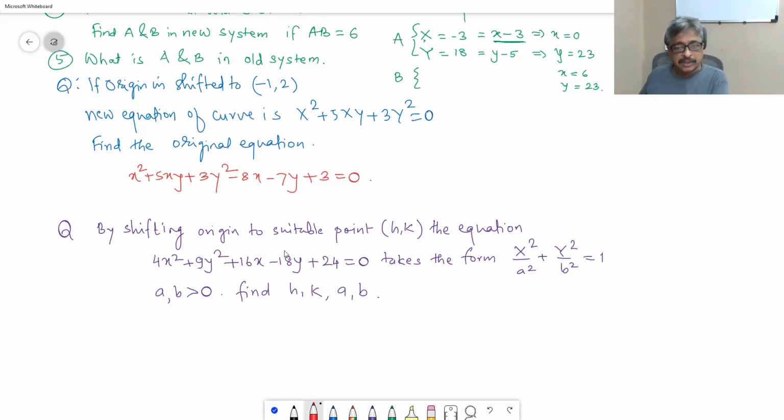Okay, now solve this. This is something similar to the first one. The old equation is this. The new equation looks like this. Find h comma k and of course the denominators. Both of them are supposed to be positive, greater than 0. So find h, k, a and b.